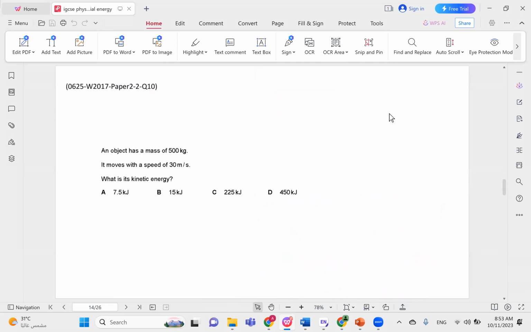An object has a mass of 500. It moves with a speed of 30. What is the kinetic energy? So this is a simple question. The kinetic energy here would be half times the mass, which is 500, times the velocity squared. And we just use our calculator to figure this out.